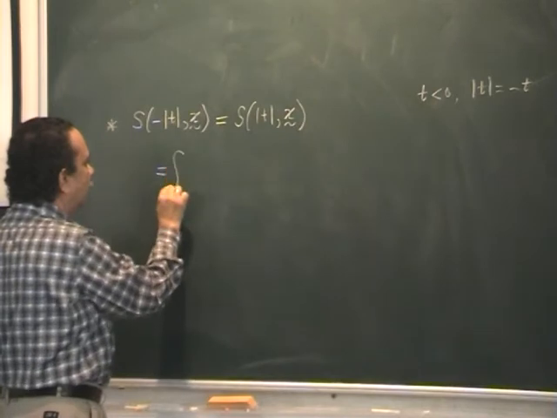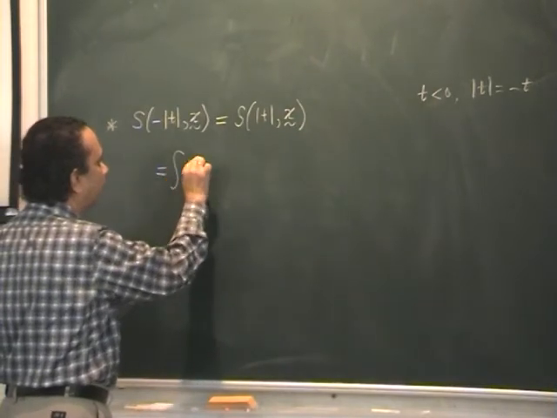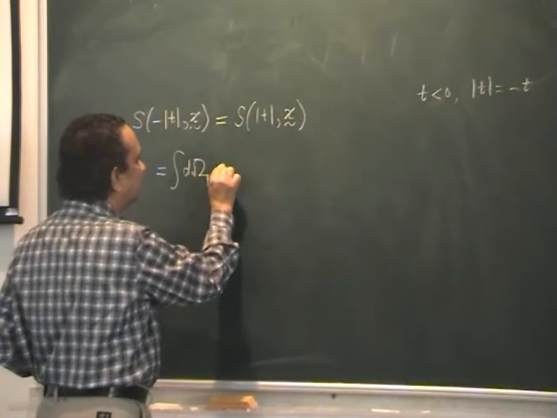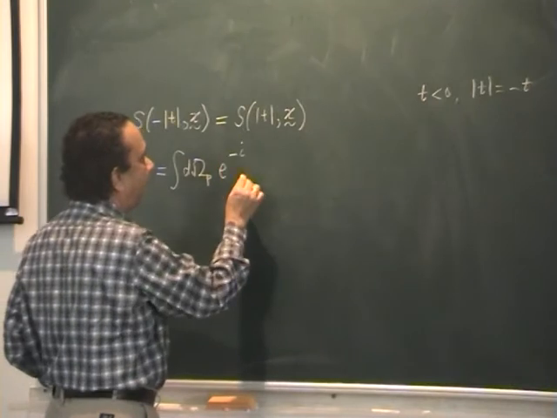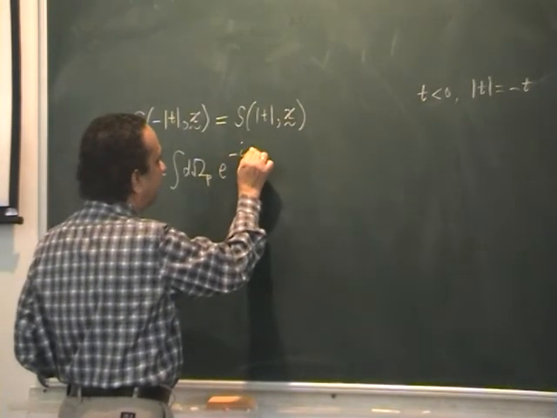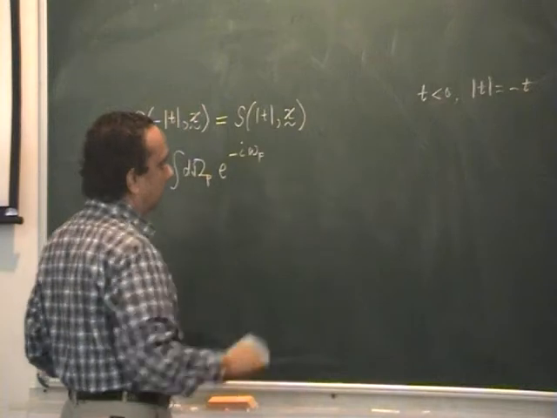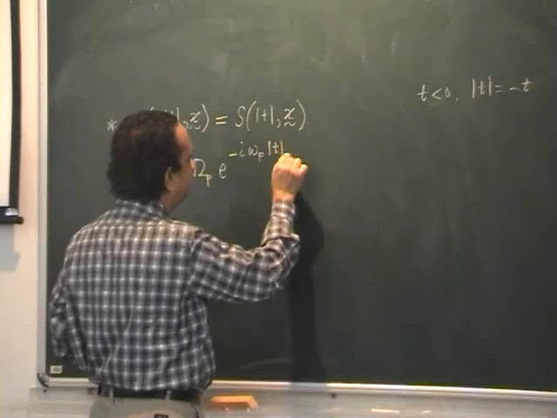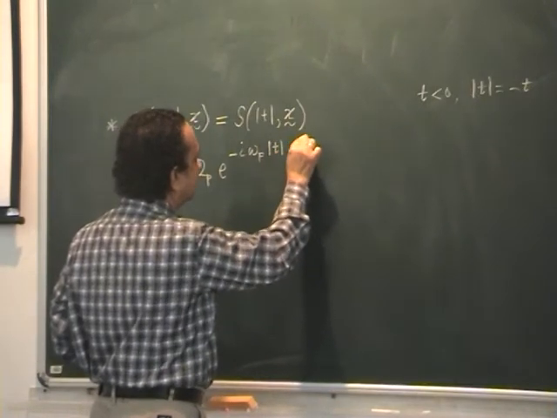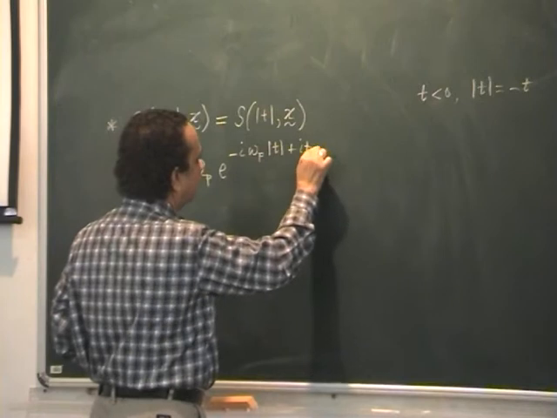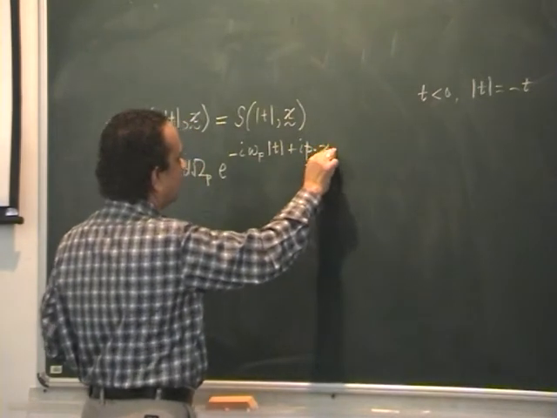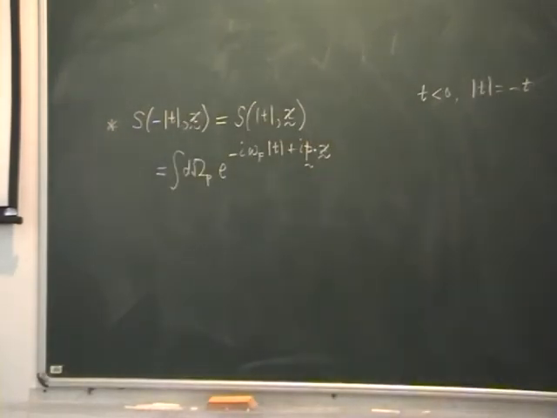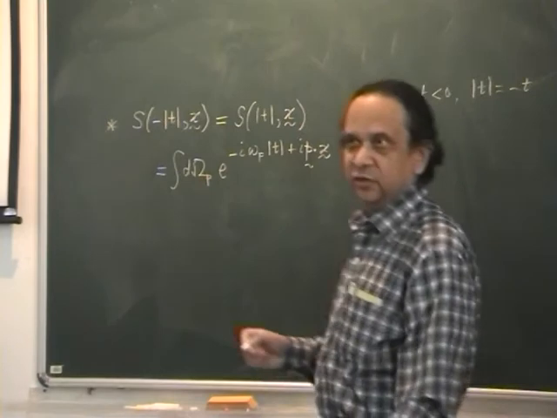It is the integral over d omega p of e to the minus i omega p times whatever is the time argument, which is modulus of t, plus i p dot x. Okay, this is coming from this, because I now know that t is greater than 0.